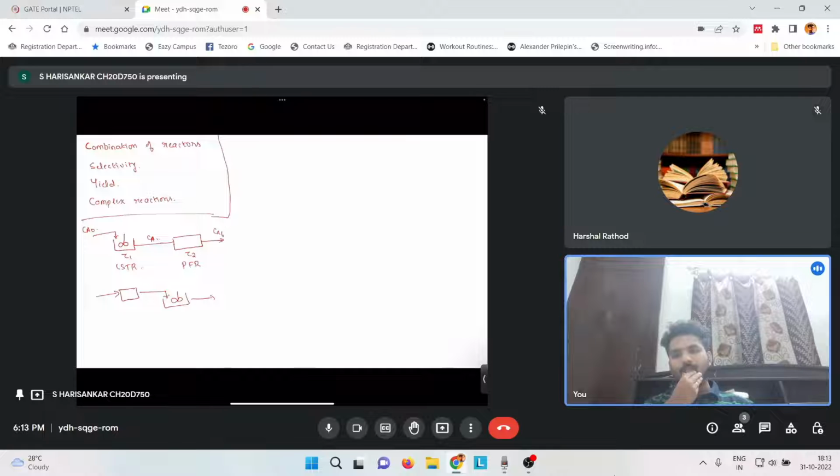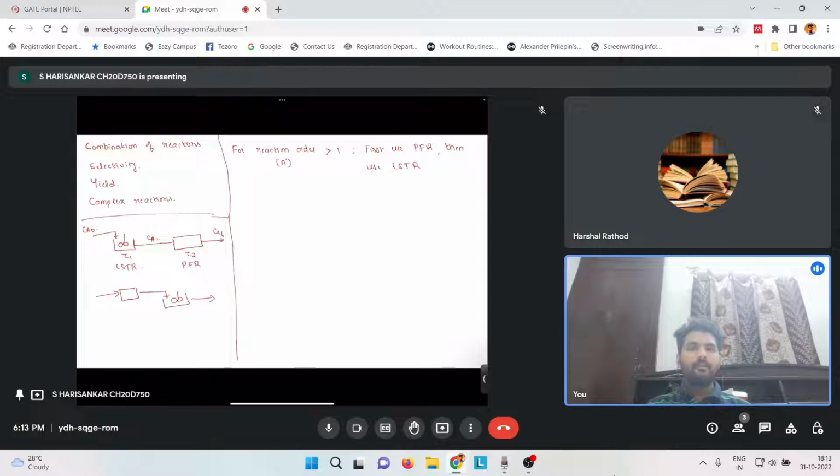The general thing for combination of reactors is that, I'll just write it down here for you. For reaction orders, this is basically n, that is greater than 1: first use PFR, then use CSTR.